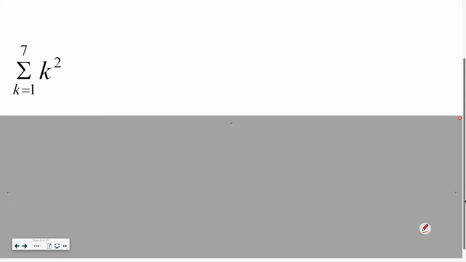The summation from 1 to 7 of k squared. Instead of saying 1 plus 4 plus 9 all the way up to 49, we can just say n times n plus 1 times 2n plus 1 all over 6.